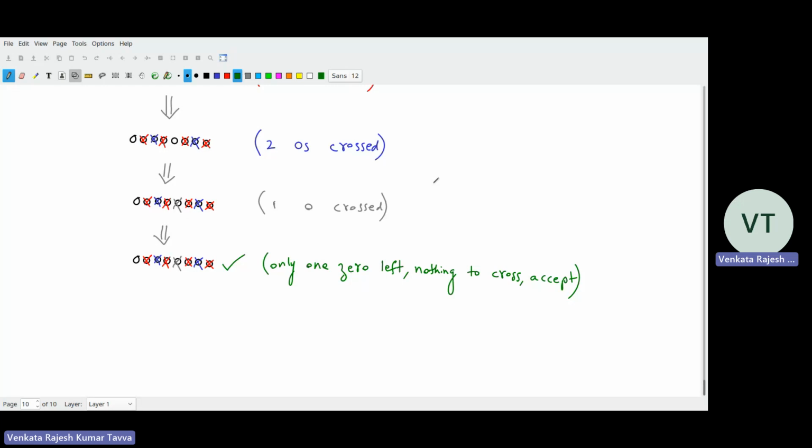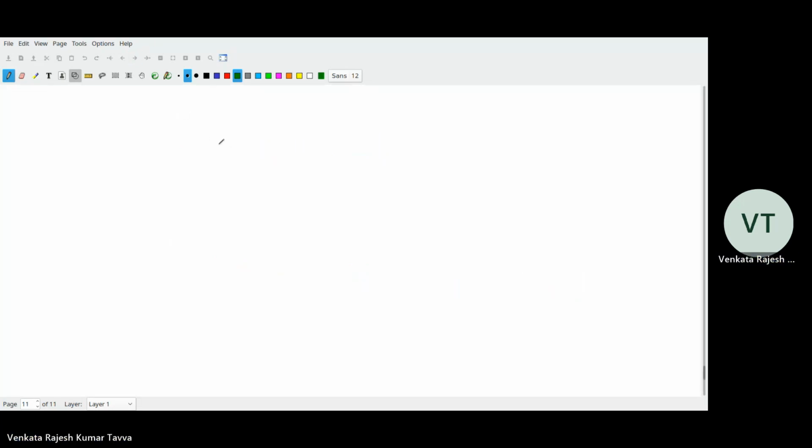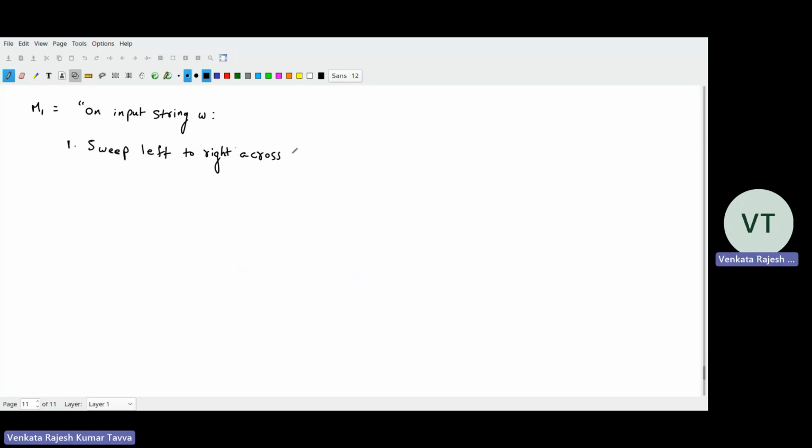Okay. So first let's look at the algorithm quickly. So the algorithm of this machine is: on input string W, first sweep left to right across the tape, crossing off alternate zeros.